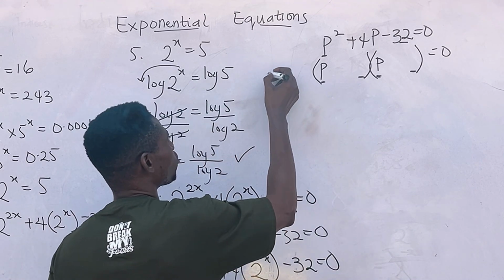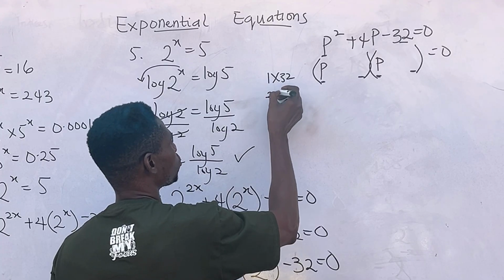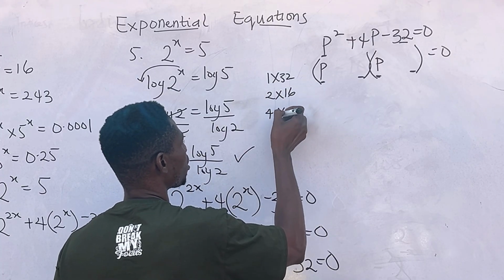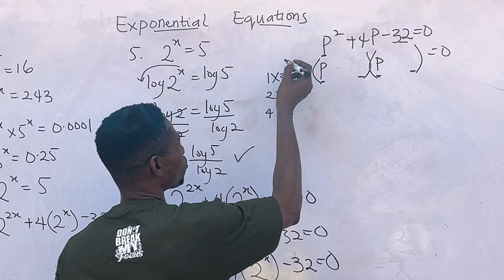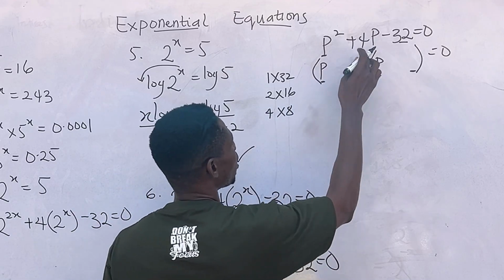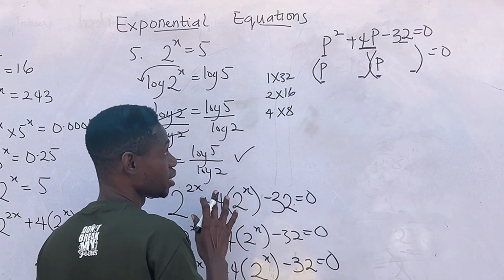So we'll have 1 multiplied by 32 for 32. You have 2 multiplied by 16 to give 32. We have 4 multiplied by 8 to give 32. Now, the one that qualifies is the one that gives us 4 when added.